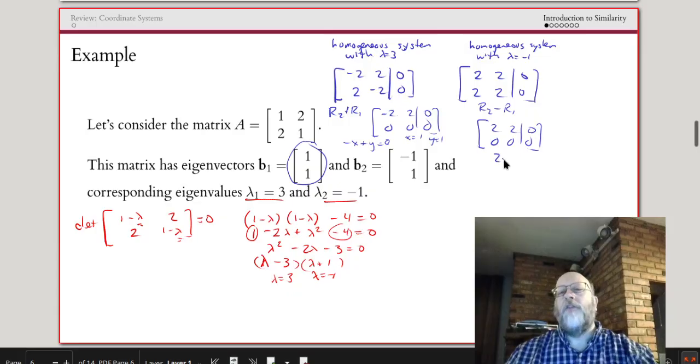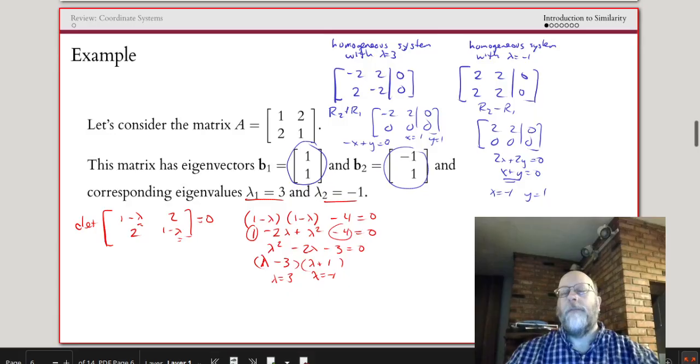And this says that 2x plus 2y is equal to 0, or x plus y is equal to 0. Now x and y have to be opposite signs, and that's where we get x is equal to negative 1 and y is equal to positive 1. We could have also done this the other way around and said x equals 1, y equals negative 1, and that would have been okay also. But that's how we get these two eigenvectors.